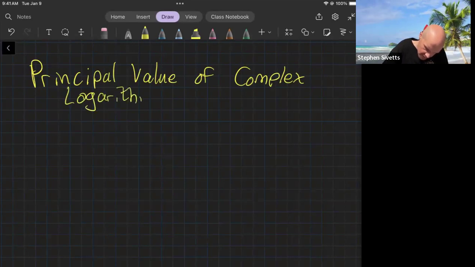Since we have the argument of z being a periodic function, right?